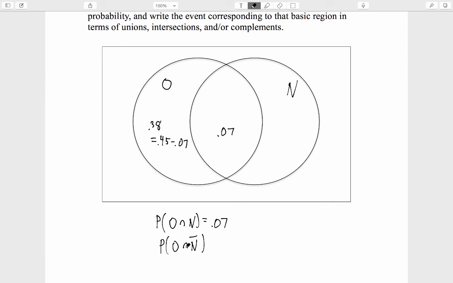Inside the O circle and outside the N circle. Intersection translates the word and. Complement translates the word not, or outside of. If the word or were relevant here, we would have a use for unions, but it isn't. We're talking about one basic region. The blood is type O, and it's not negative. That probability we found was 0.38.